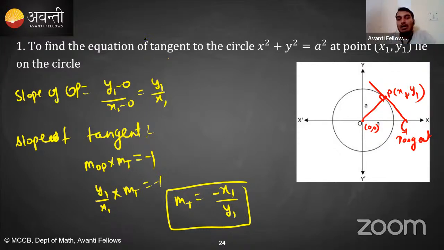Okay, so now for the equation of the tangent, we can find it, right? The point is known, (x1, y1), the line is passing through this point and the slope is −x1 upon y1.